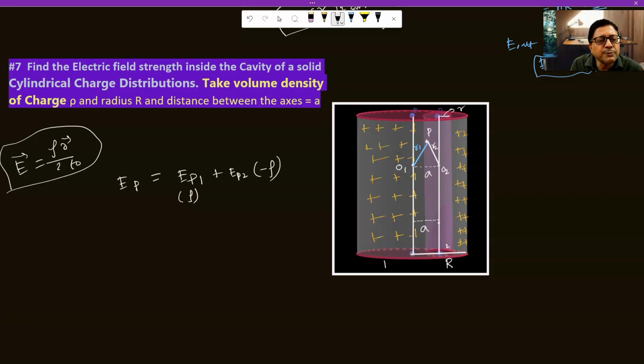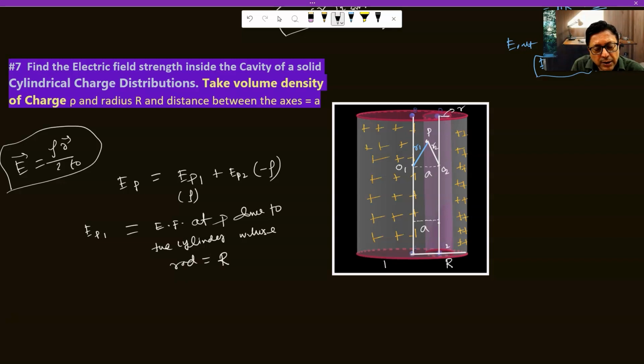EP1 stands for the electric field at P due to the cylinder whose radius is equal to R, imagined such that the whole cylinder has volume density of charge equal to rho.